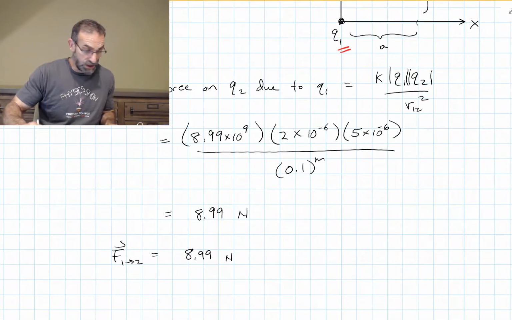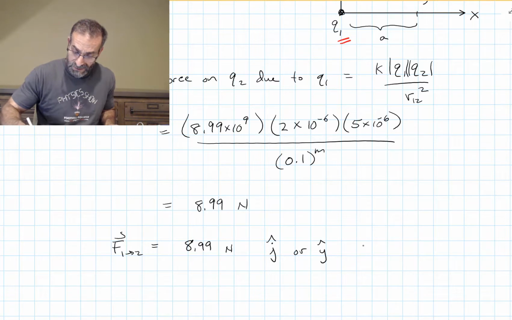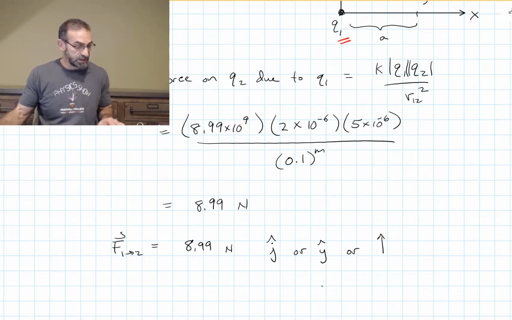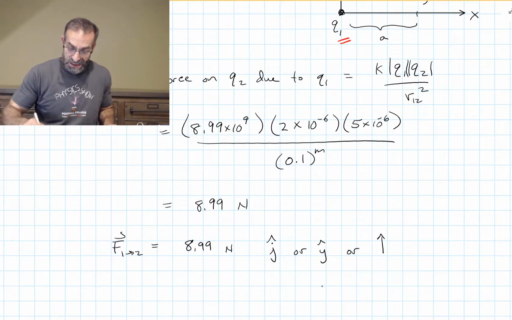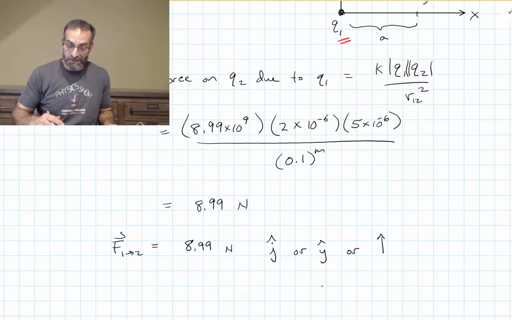So I need to put here j hat or y hat or an arrow in that direction. But we need to signify that this force is in the positive y direction, towards the top of the page.